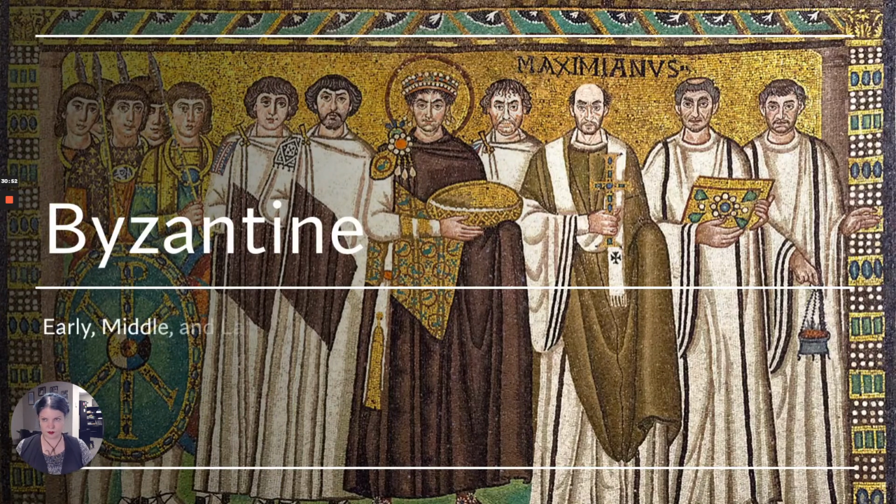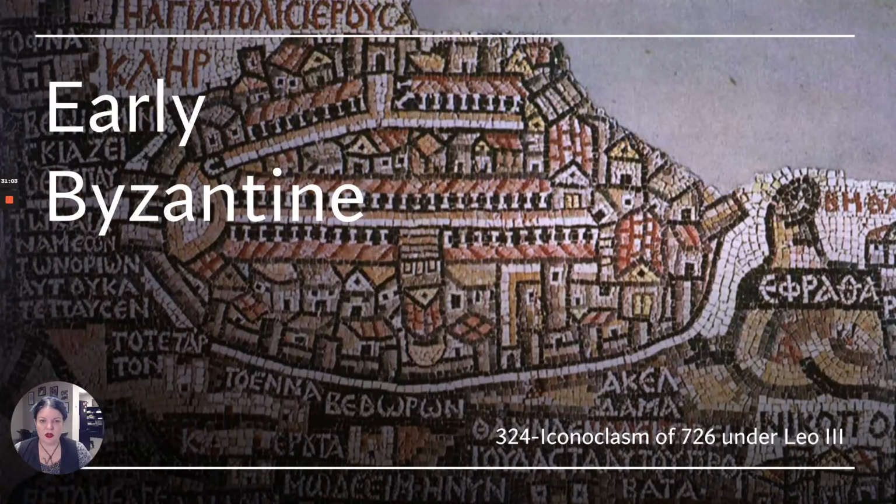Okay, so now let's get into the Byzantine proper. So we're now getting into the early Byzantine, which I would categorize from about 324 through the Iconoclasm, which is in 726 under Emperor Leo the Third.